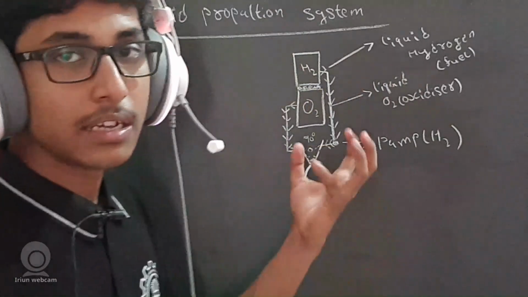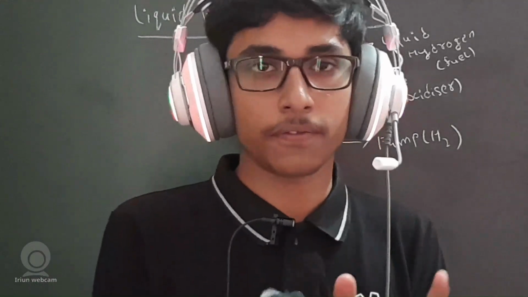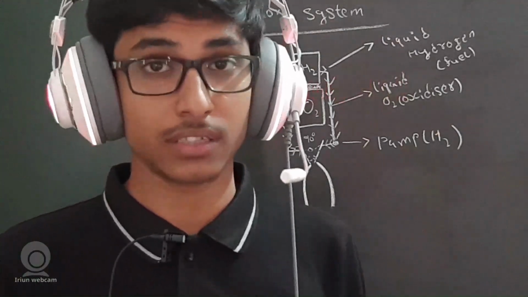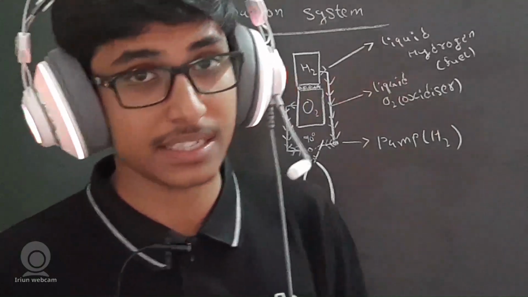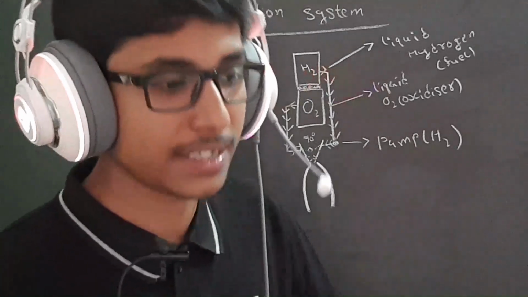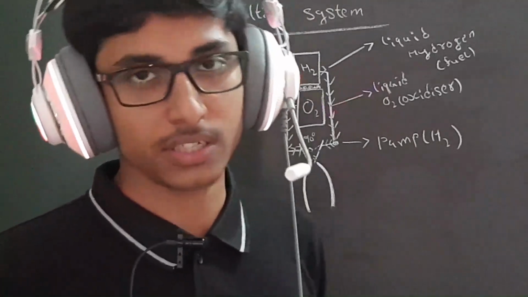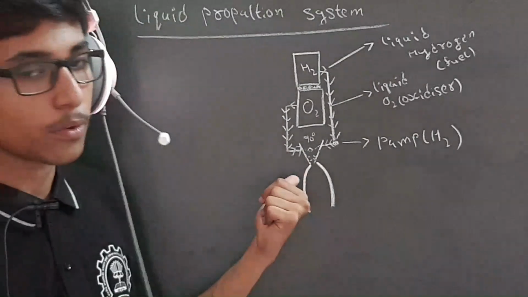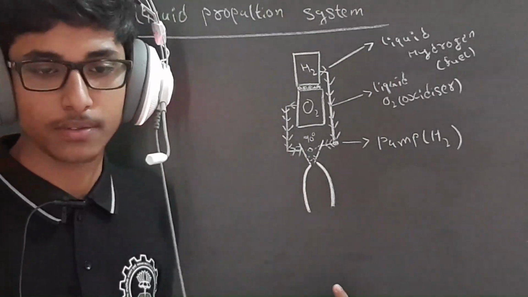The hydrogen is in its liquid form, and when it is burned and provided extra energy, obviously it will expand very vigorously. When it is expanding, it is pressurizing the inner body of the combustion chamber, and this combustion chamber has a very tiny opening towards the rocket nozzle.